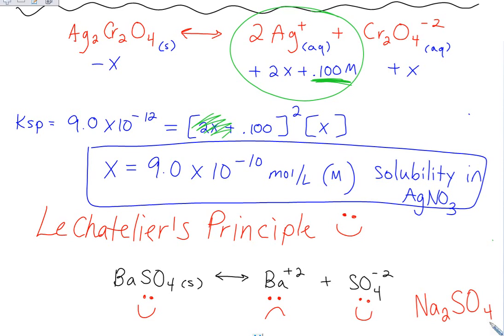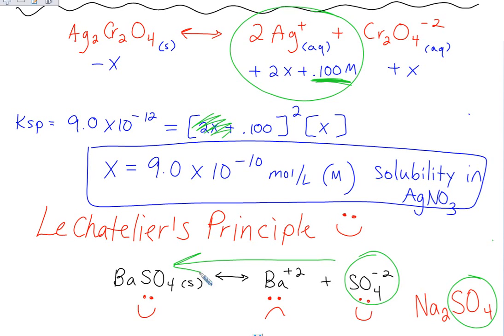But by adding something that already contains sulfate, we're increasing a common ion. By adding something, we shift the equilibrium away from what was added. So we force that barium sulfate to stay as a solid.